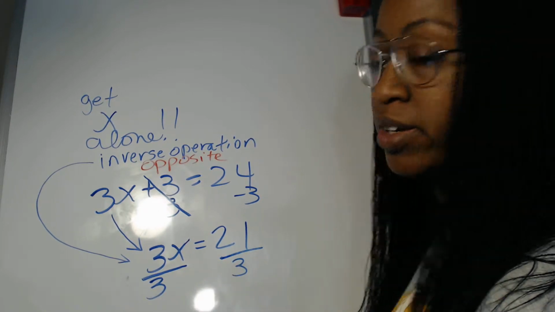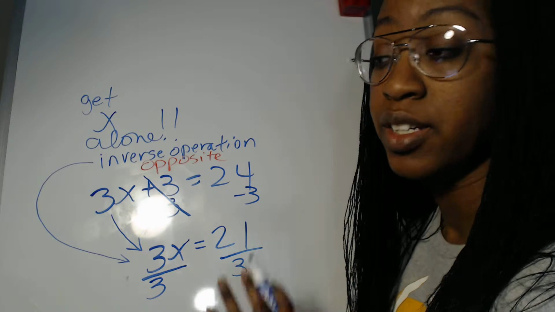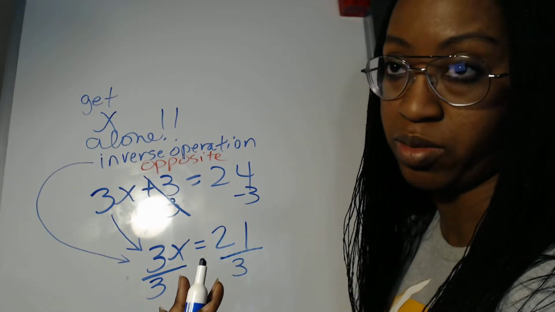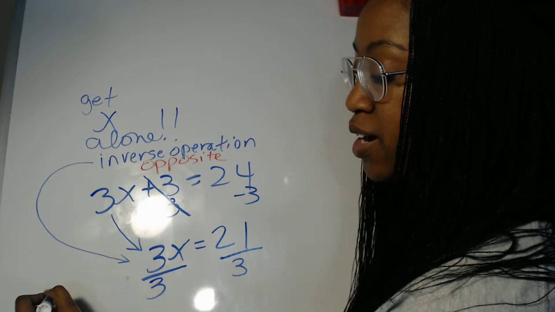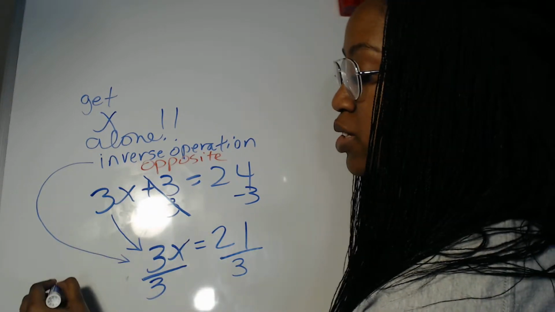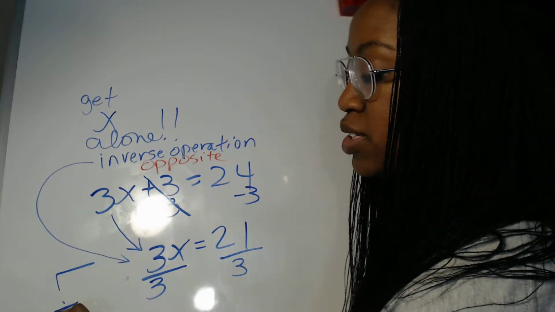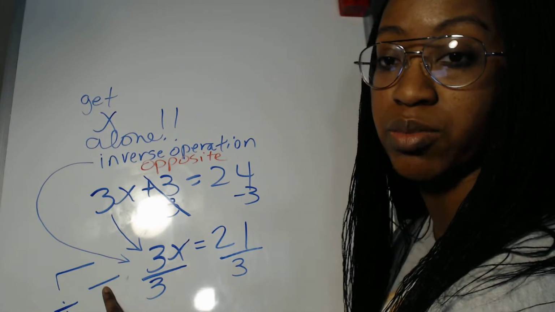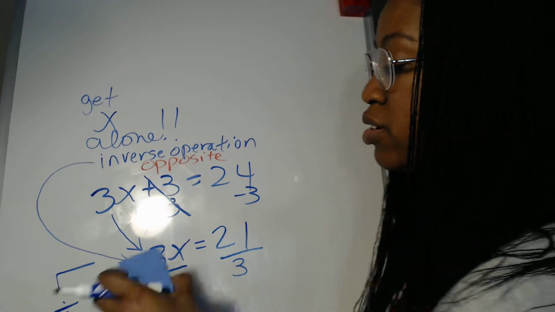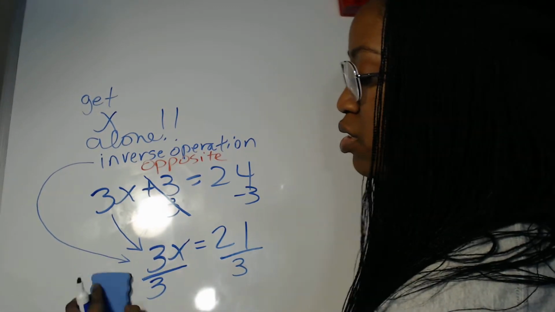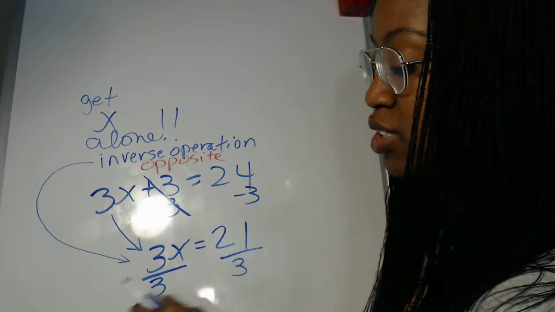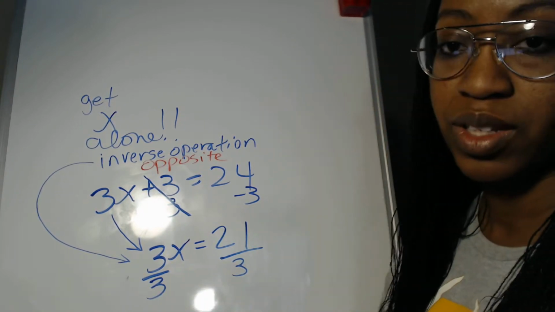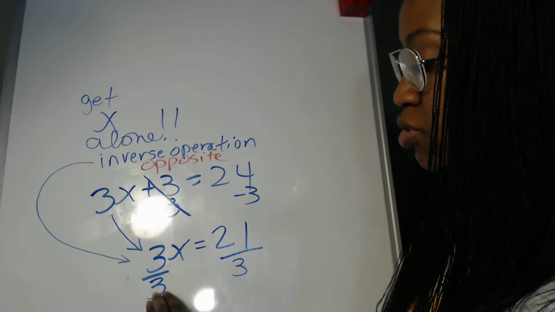Divide by 3. Be aware that division can be represented with many different symbols. Just a side note. You can represent it with this symbol, you can represent it with this symbol, and you can also represent division with a fraction bar. So I like using the fraction bar, especially with algebraic equations. So our main focus is this 3.